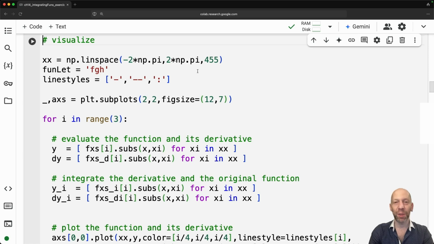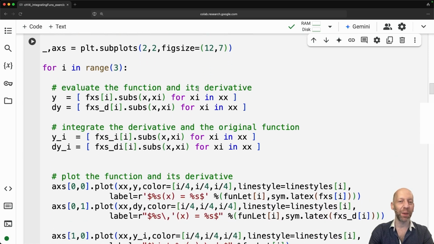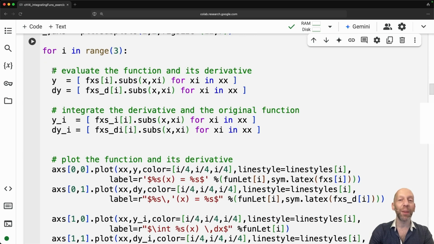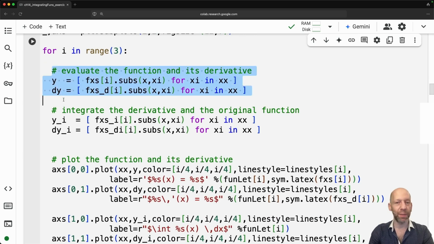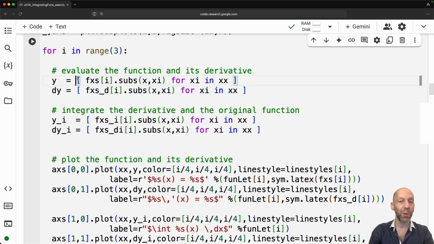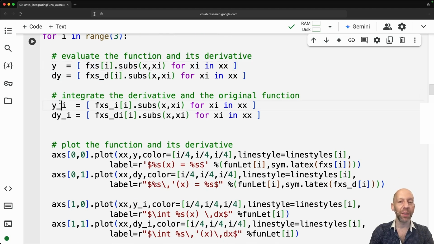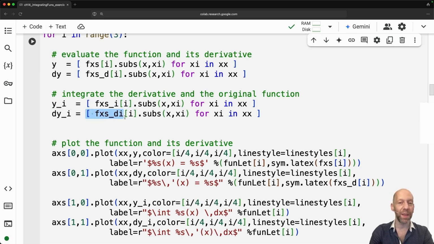And this just involves visualization, so nothing too fancy going on here. Here I am evaluating the function and its derivative, so to get from a symbolic representation to a list of numbers. And here is the integral, so the integral of the function and the integral of the derivative of the function.